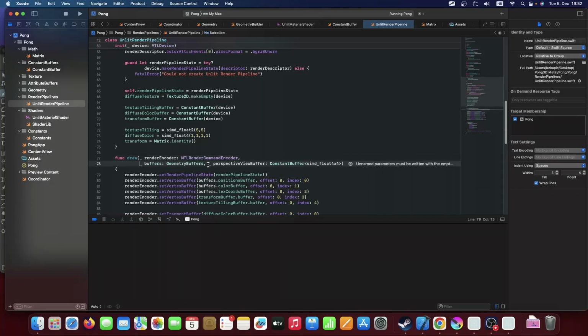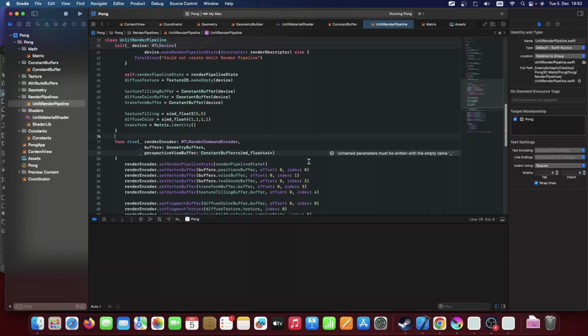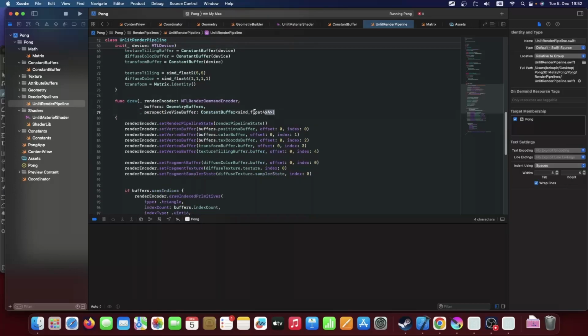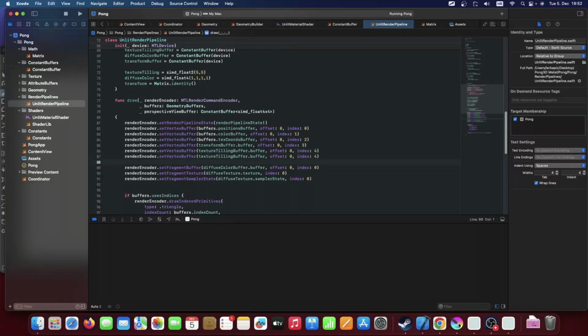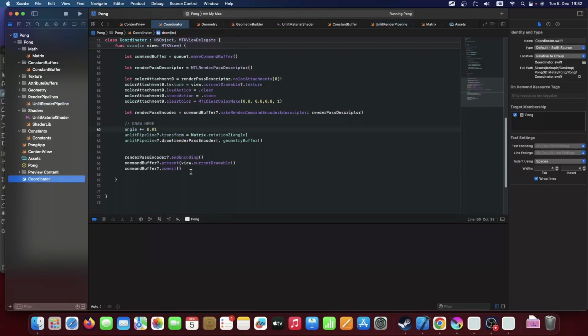I'm just going to do this so that it's a bit more readable, and then we just need to paste it like usually. So I'm just going to copy paste this line. Our index was 5, if you remember, and here we're pasting perspective view buffer, and then we just need to create it.